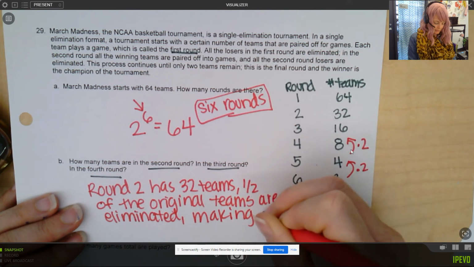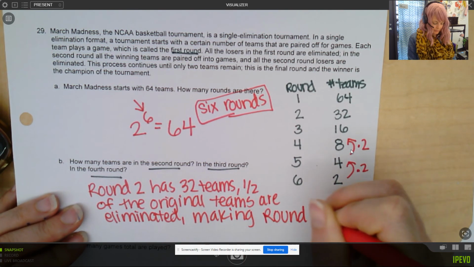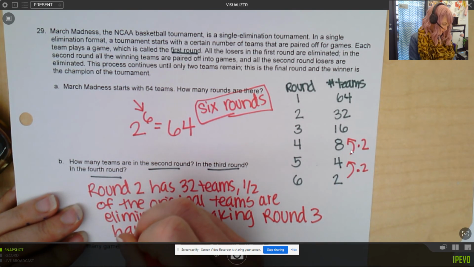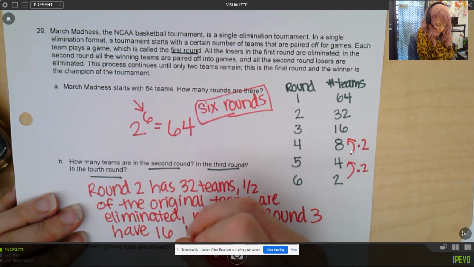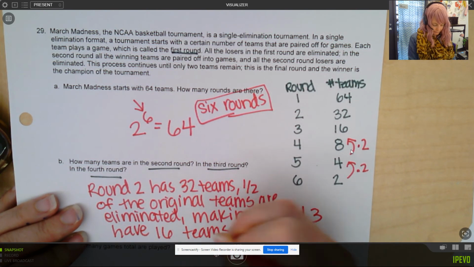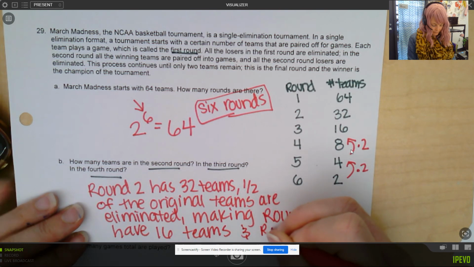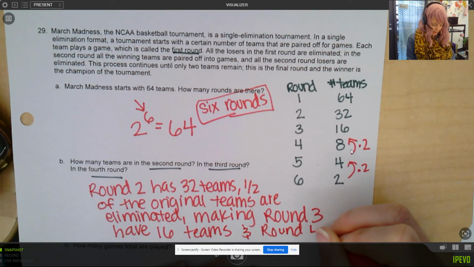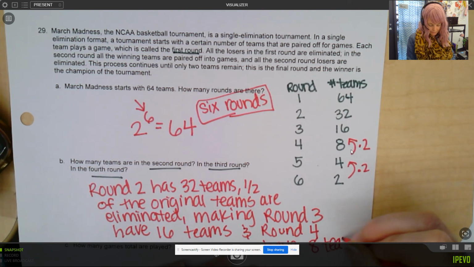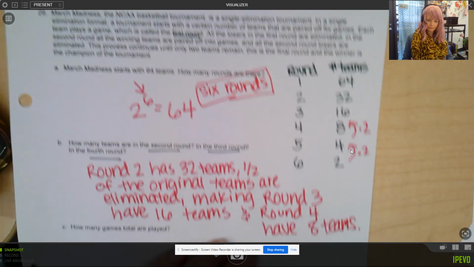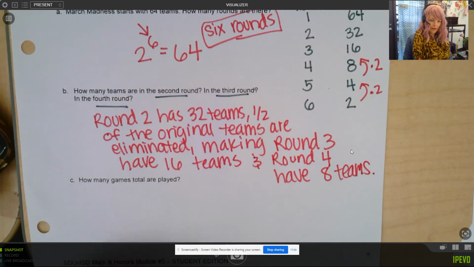Making round 3 have 16 teams. And round 4 have 8 teams. Nice.